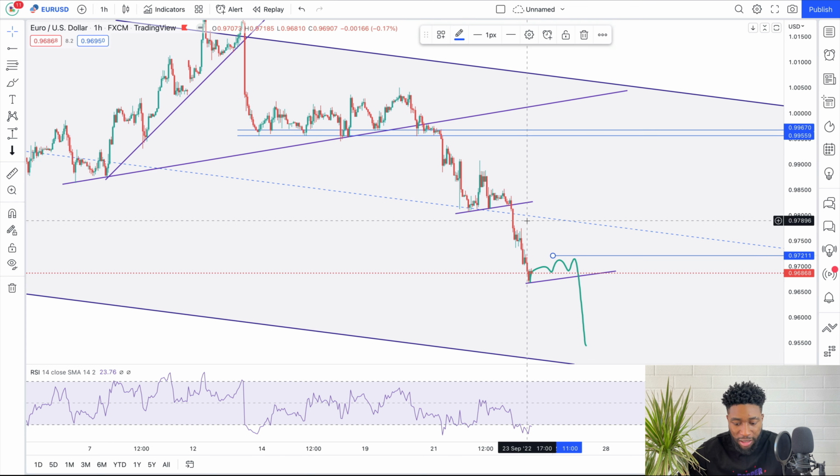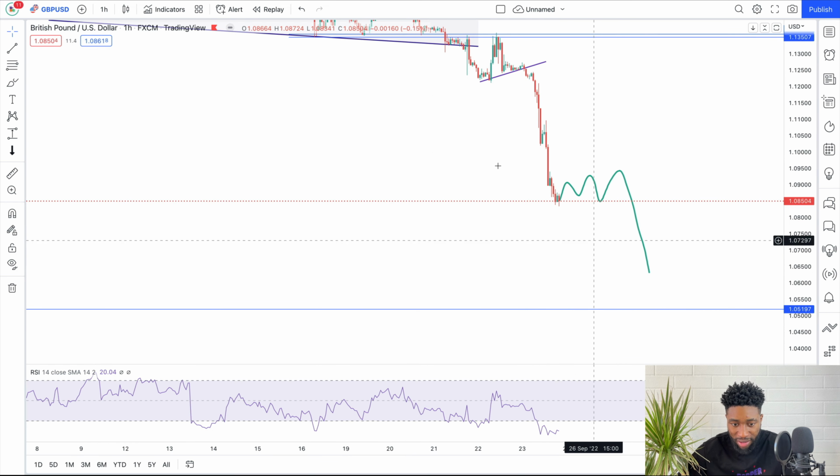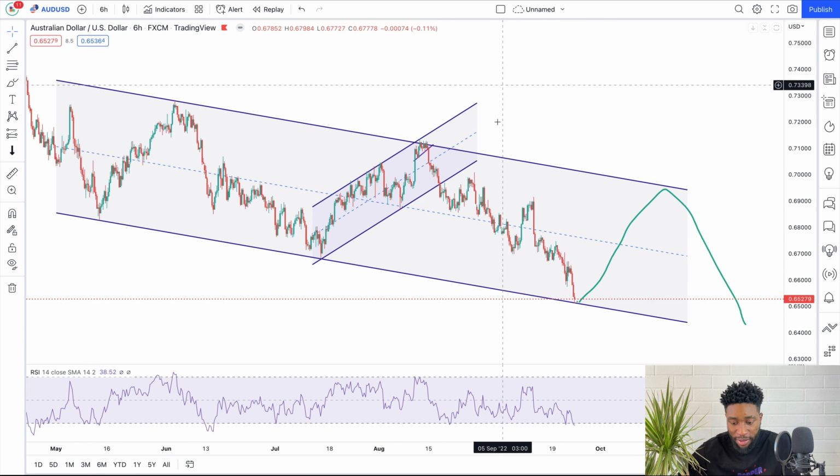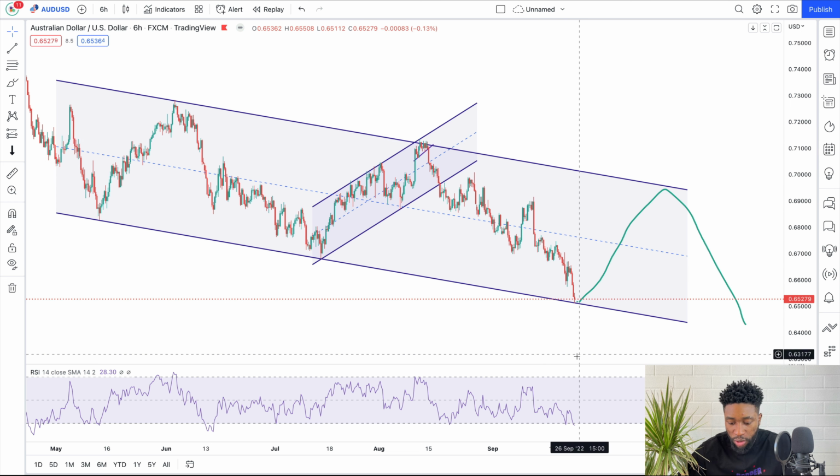So you can't be bearish on EURUSD, bearish on GBPUSD, and then bullish on AUDUSD. This might be a bull trap for traders.